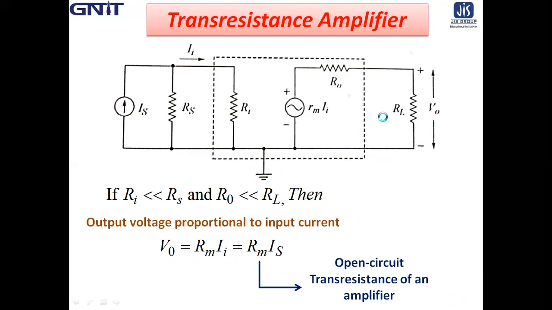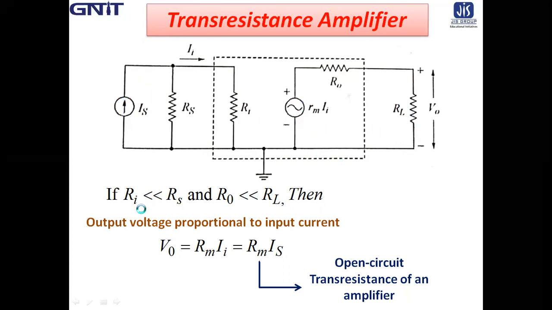So, the transresistance amplifier is a two-port network. It consists of Norton's network at the input stage and Thevenin network in the output stage. So this is the transresistance amplifier.